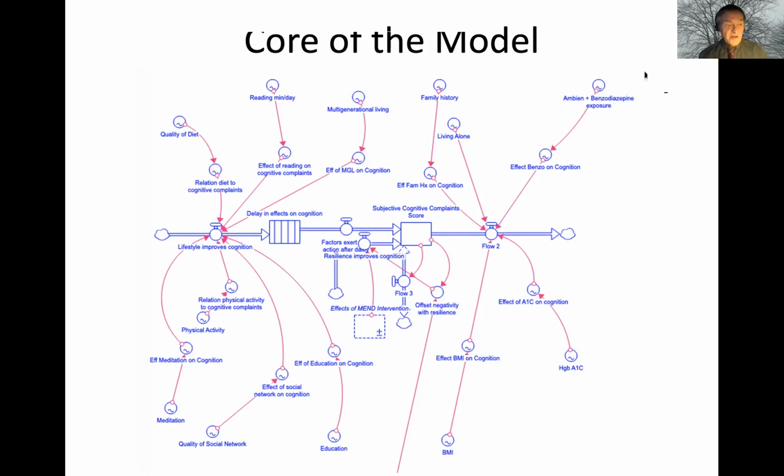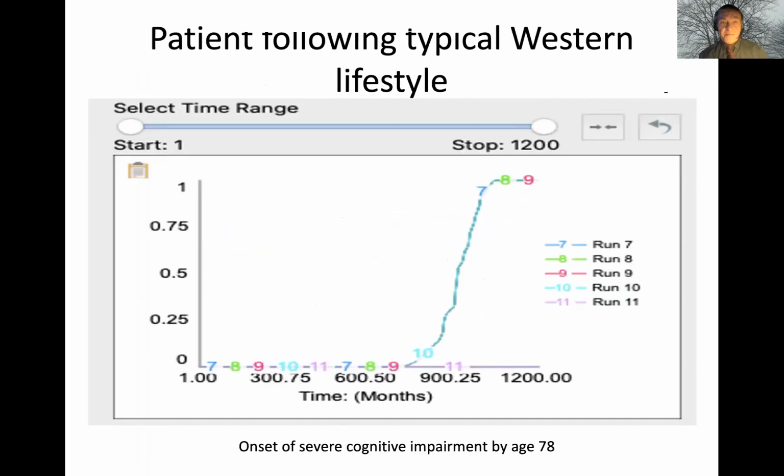So currently our model includes exposures to medications that can lead to dementia, such as Z drugs and benzodiazepines, family history, social isolation, hemoglobin A1C, BMI, education, quality of social network, meditation, quality of diet, cognitive stimulation, multi-generational living.